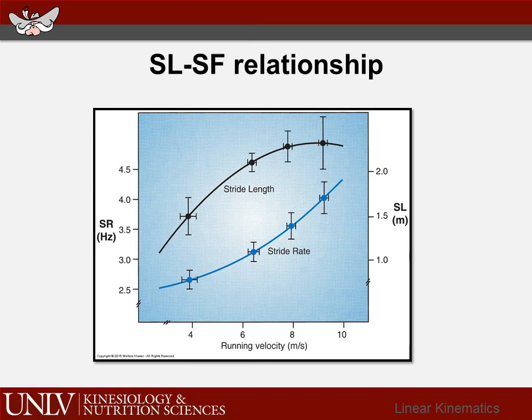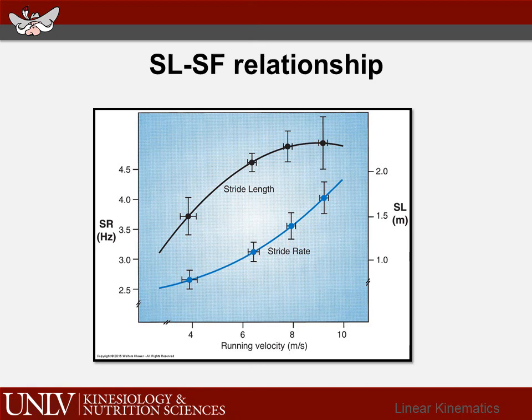What you're going to find is that at the slower velocities, as you increase velocity, you tend to increase your stride length first. There are many theories behind this. Most people think that we identify with the stride rate that is more optimal for us from both a metabolic and mechanical perspective, and there's a lot of research to support this.